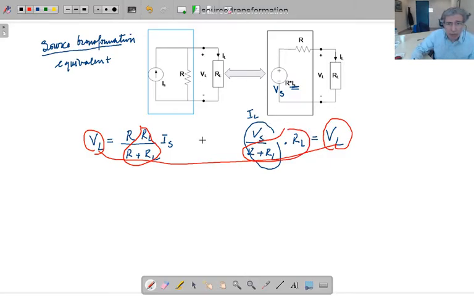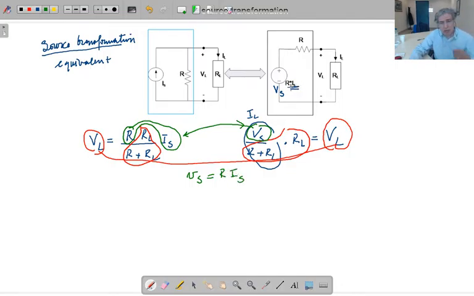So what is left should be equal in order to have those VLs equal to each other. So use a different color here. That means this multiplied with IS should be equal to this. So if I write it here, Vs should be R times IS. This is what we have found.